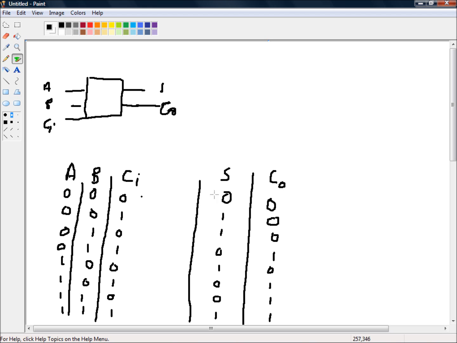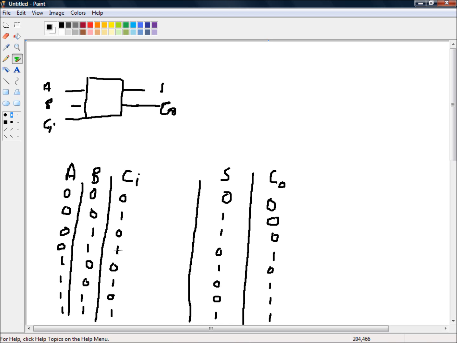We'd have all zeros would be 0. A exclusive OR B would be 0. Exclusive OR CI would make a 1. A exclusive OR B would make a 1, and exclusive OR that with a 0 will make a 1. So A exclusive OR B would make a 1.